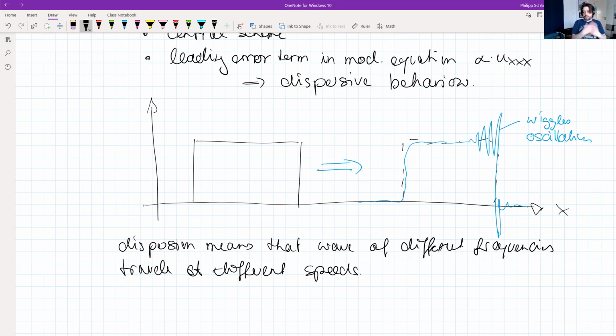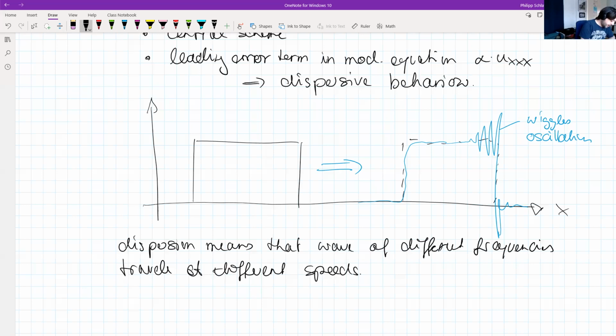But now the problem is, if you then have advection, and this advection is such that different waves with different frequencies travel at different speeds, then these waves lose their specific phase relation to each other. They run away from each other, and that's exactly what happens here, that you see all these different oscillations. That's nothing else than the phase relation between the different waves having been lost because of the dispersive behavior.